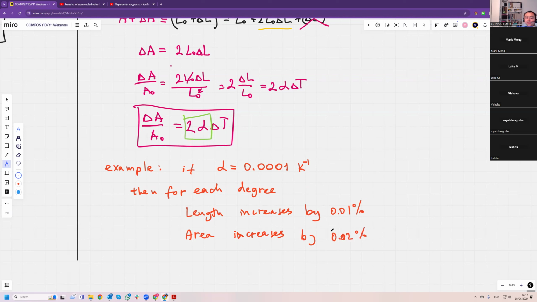So the percentage area increase is always double the linear increase.